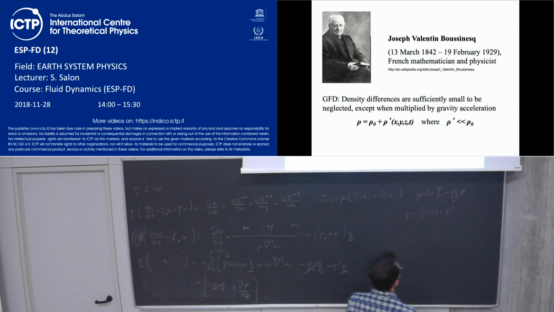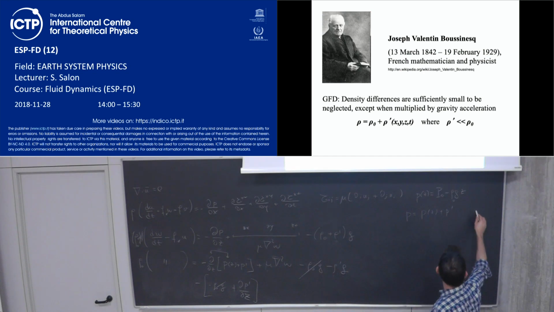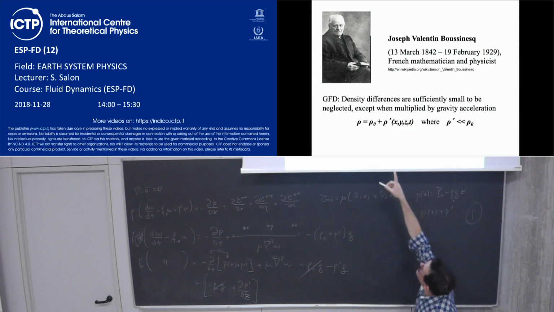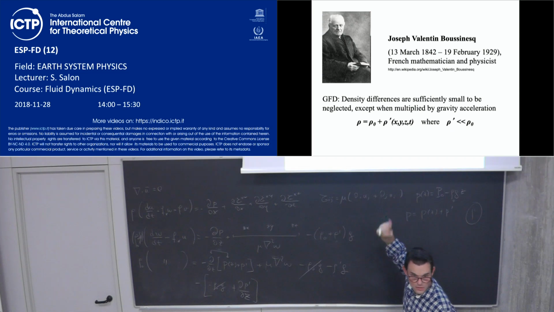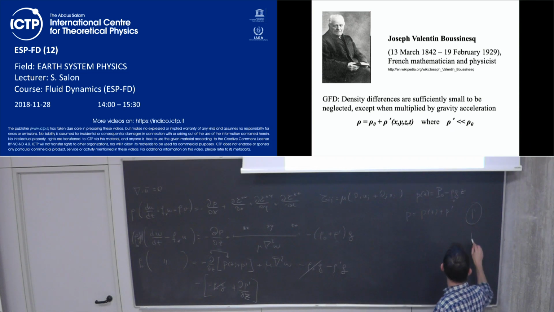Now we are working with a little bit too many variables. So, to avoid any kind of confusion, we will always refer to rho as the rho prime, so neglect the prime, and to p as the p prime here, which we call dynamic pressure.